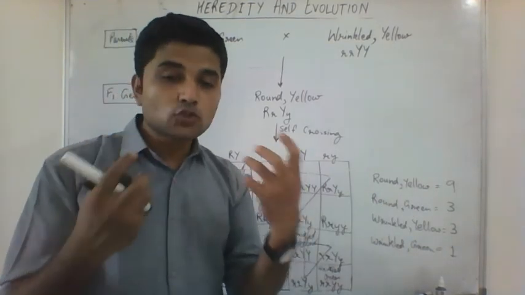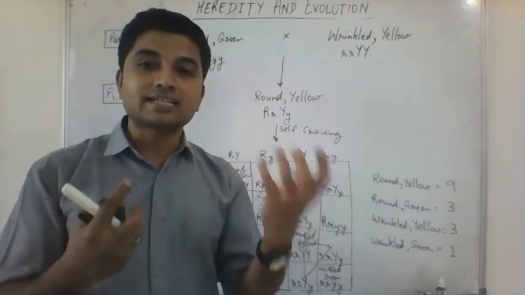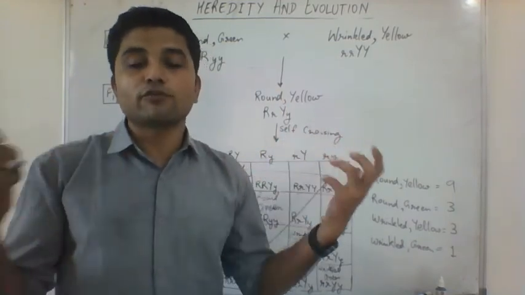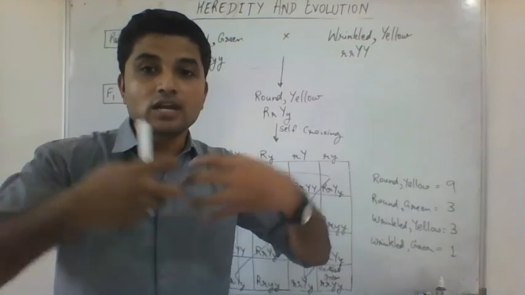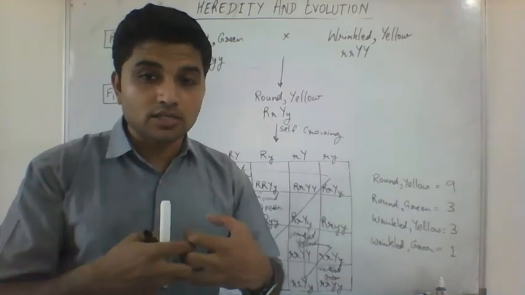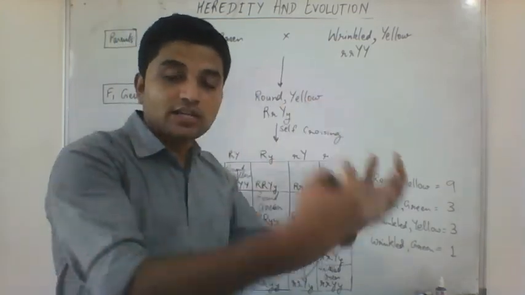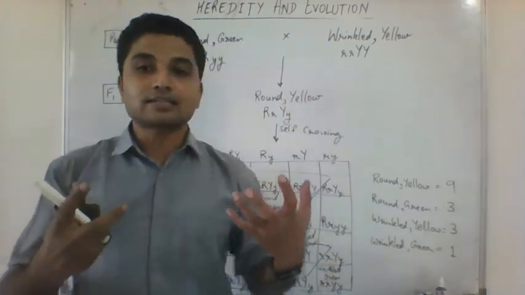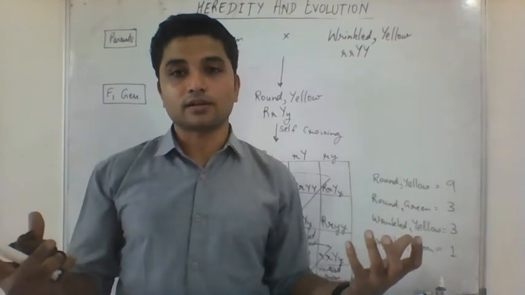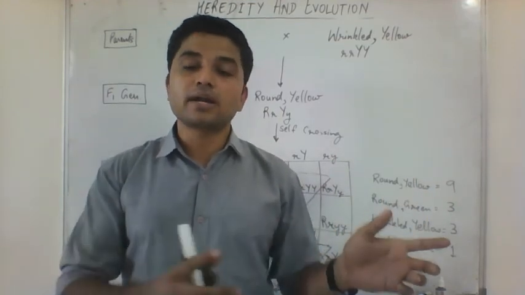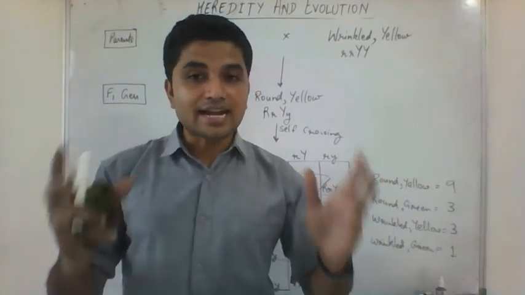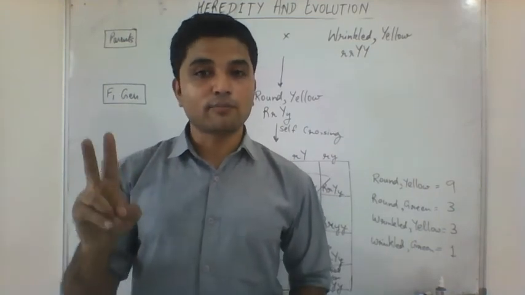That means these two characters, seed color and seed shape, are independent of each other. They are not linked, they are not dependent on each other. So Mendel concluded, when characters are passed from one generation to another, these characters are independent of each other. These characters do not depend upon any other character, and that is the second law of Mendel.